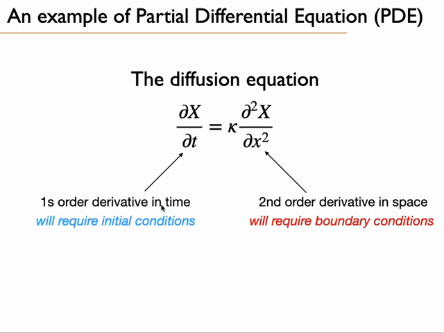So here it's the same. We're going to monitor the temperature, for example. We will need to know where we start from, what was the temperature at day 1. On the right-hand side, you have the second order derivative in space. And to evaluate this term, we will need boundary conditions.